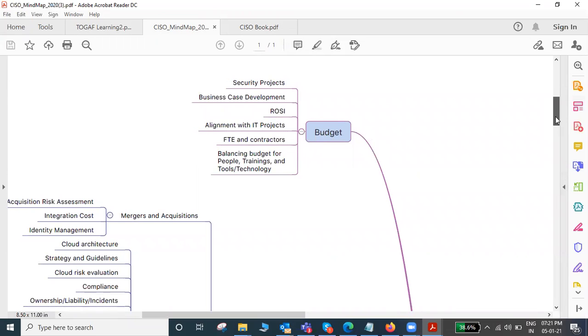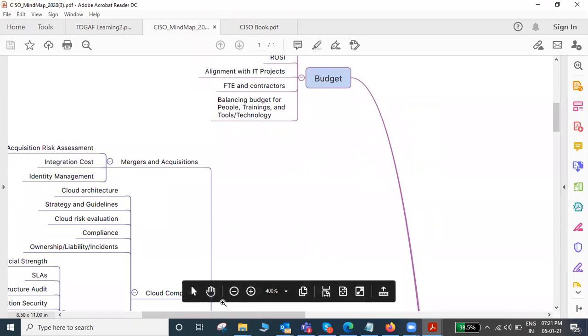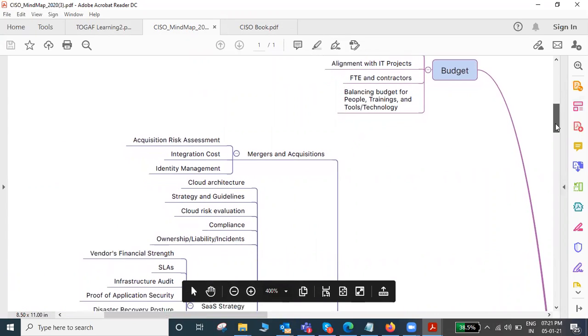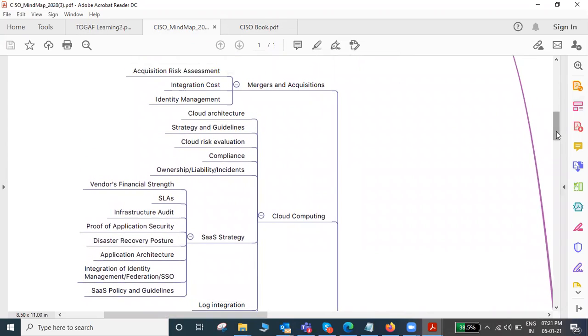It's not part of TOGAF, but it's part of your day-to-day life, how you allocate the budget and work in your environment. Because you are doing TOGAF and have 20 years of experience, it is possible that you will do your own business sometime later, or you are doing it right now.